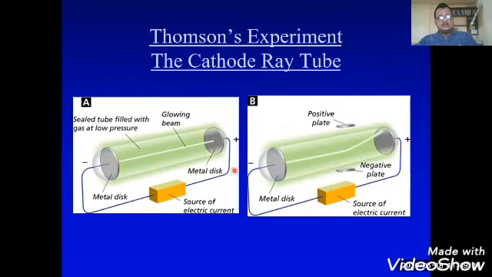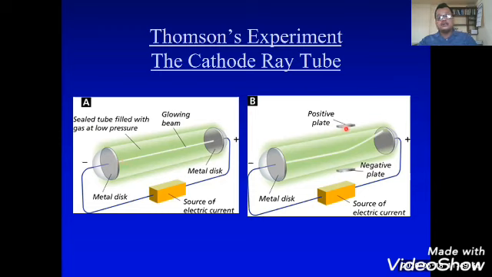Okay. Then what they did, they applied an electric field by using two plates. This is one plate, this is another plate, and this plate is connected to the positive terminal of another battery, and this is a negative plate which is connected to the negative terminal of another battery. So in the absence of an electric field, the cathode ray travels in a straight line. Here you can see it.